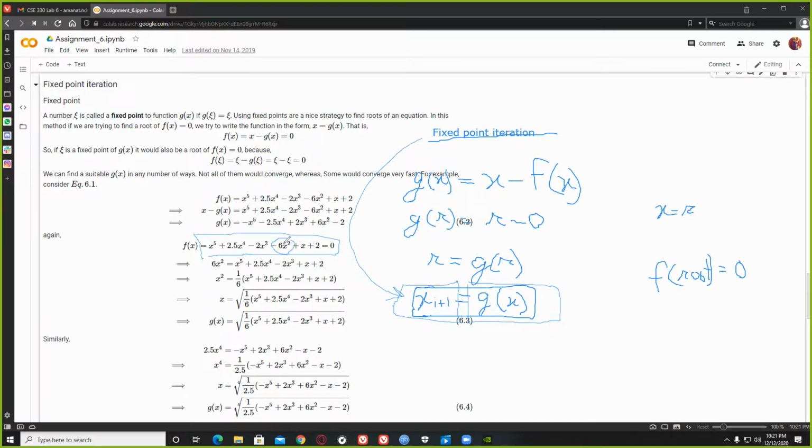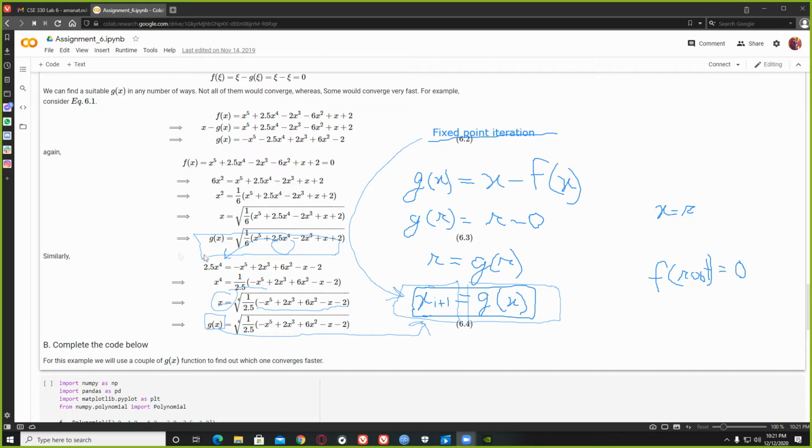So we take this to the left hand side and then we divide it by 6 and square root to find the value of x, and whatever is the value of x is also g of x as stated in the fixed point iteration theory.